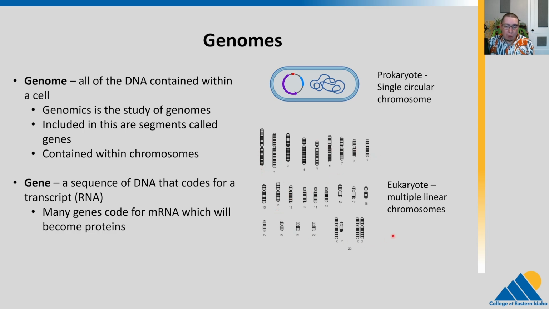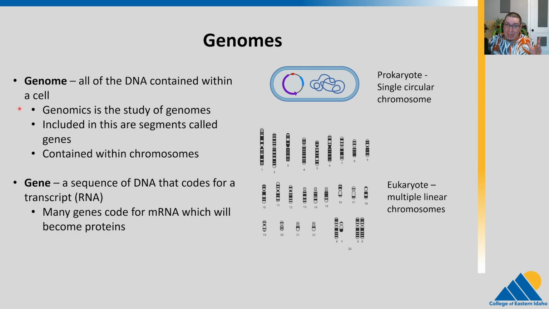You might be familiar with this. This is a human karyotype. We have 23 different types of chromosomes that all of our DNA is stored in. We'll come back to chromosomes when we get into genetics. So that's the genome, all of the DNA contained within a cell.